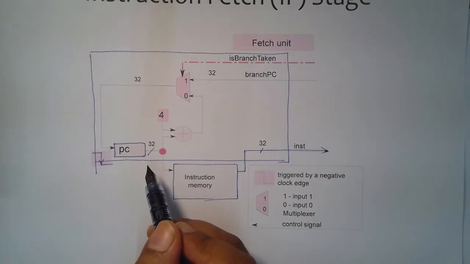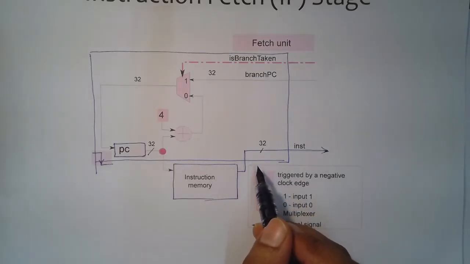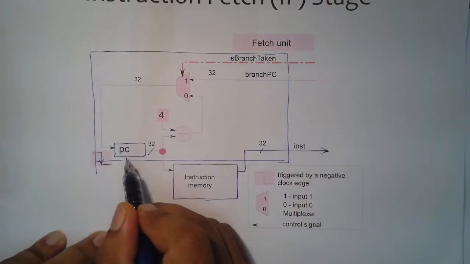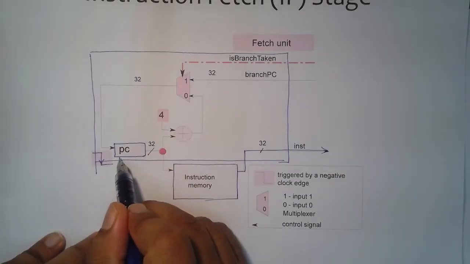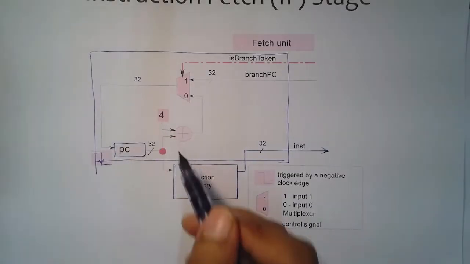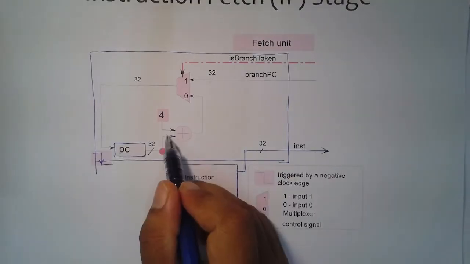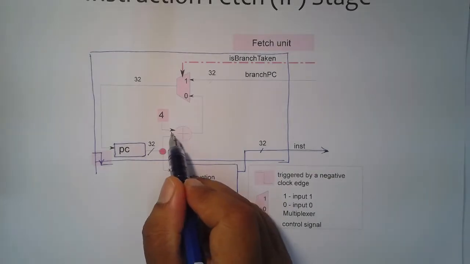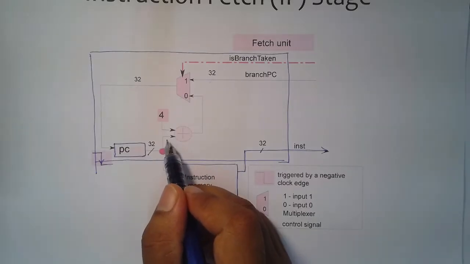Since each of our instructions is 4 bytes, if there is no branch instruction or no change in the sequence of instruction execution, then the next instruction will come from the current address plus 4. If I add 4 to this, I will be able to get the next instruction location.